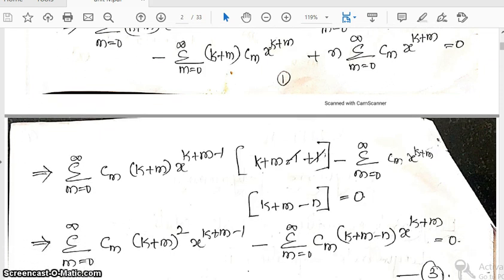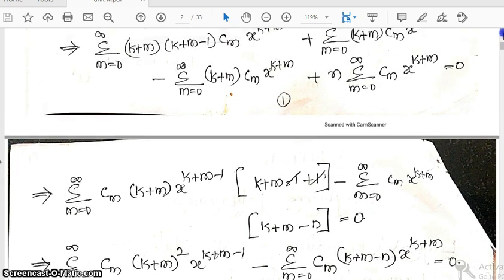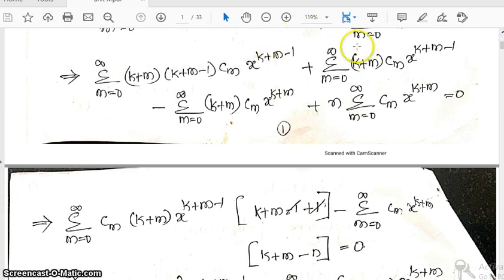Now taking summation c_m into (k plus m) into x to the power of k plus m minus 1 from these two terms as common, you will get (k plus m minus 1 plus 1). Next, from these two terms, taking minus summation c_m into x to the power of k plus m as common, you will get (k plus m minus n) equal to 0.